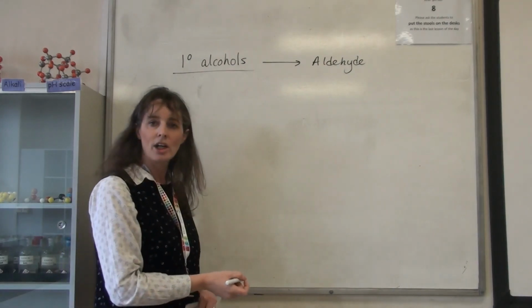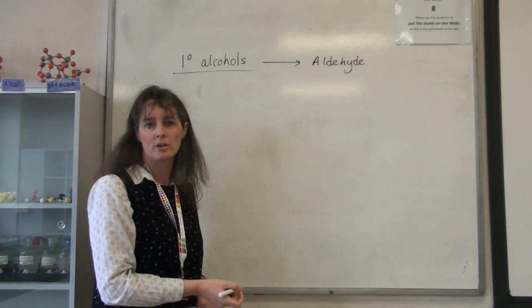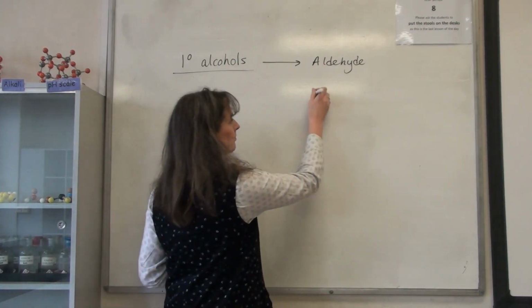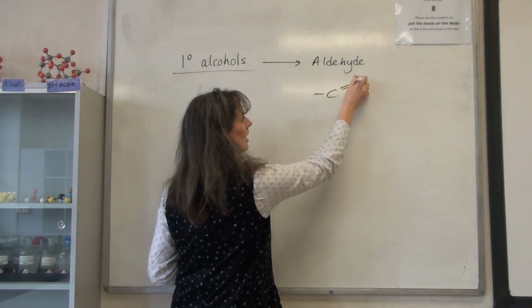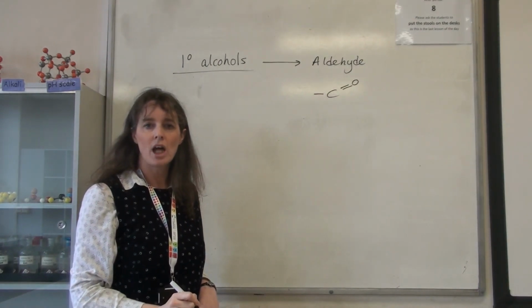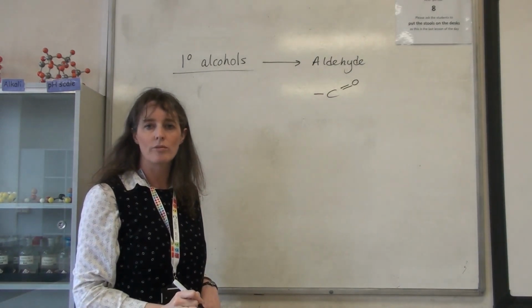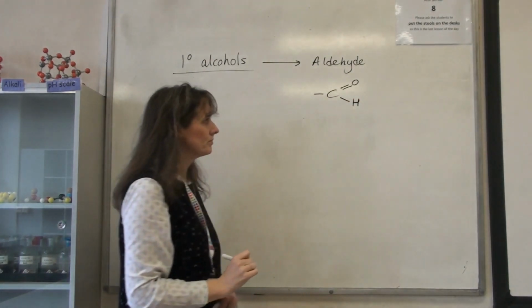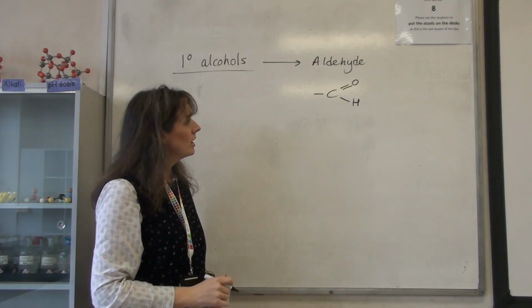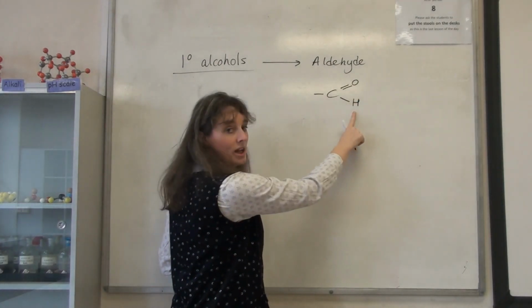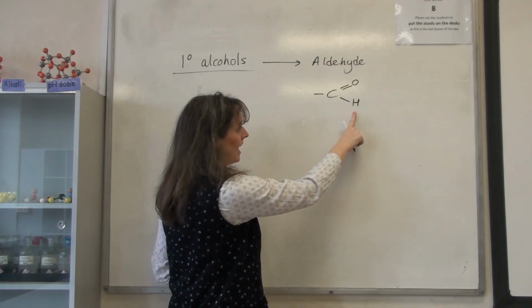Now, an aldehyde is one of the carbonyl compounds which contain a C double bond O. And because it's an aldehyde, that C double bond O is at the end of a chain, with the carbon double bonded to the oxygen and a hydrogen then attached.